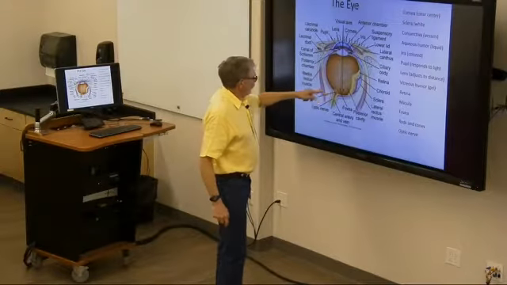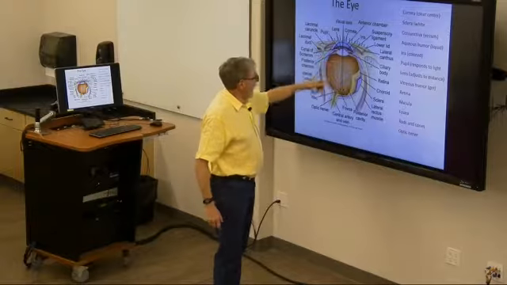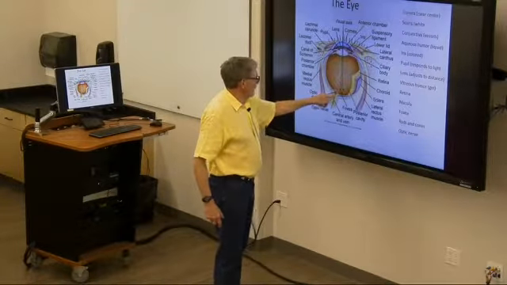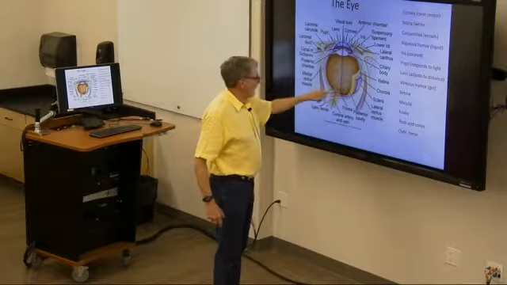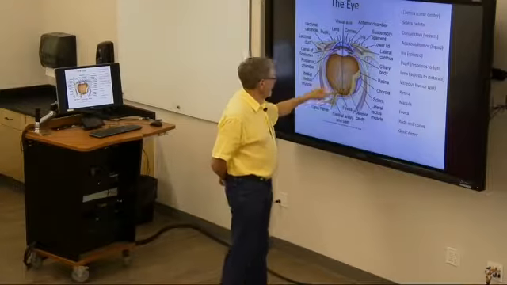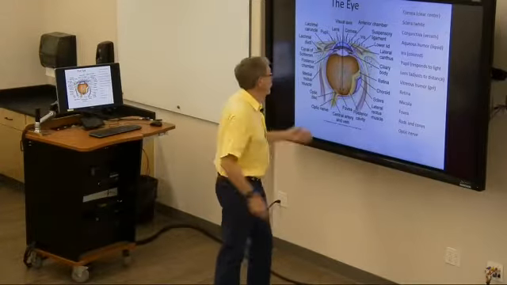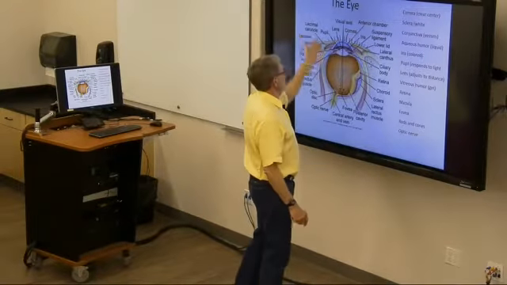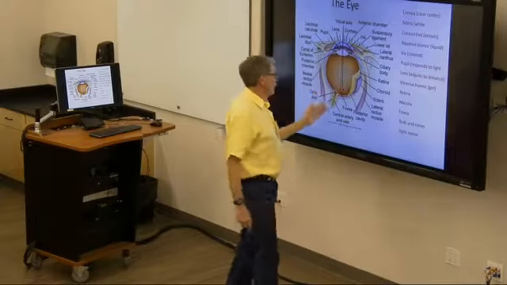You have the retina in the back, most concentrated right here, the fovea and the macula. Fovea is the one little place that is most dense with rods and cones. The macula has lots of them too. Less and less as you get around here, so your peripheral vision is not as acute as your straight-on vision.